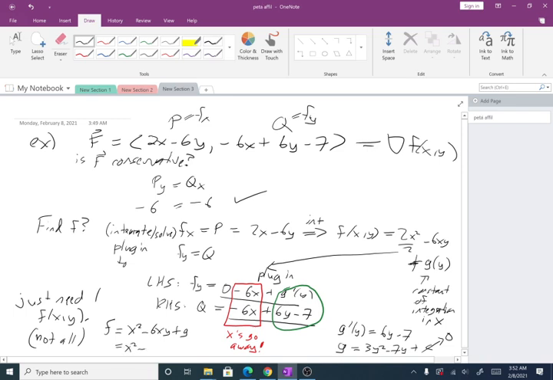So it's x squared minus 6xy plus 3y squared minus 7y.